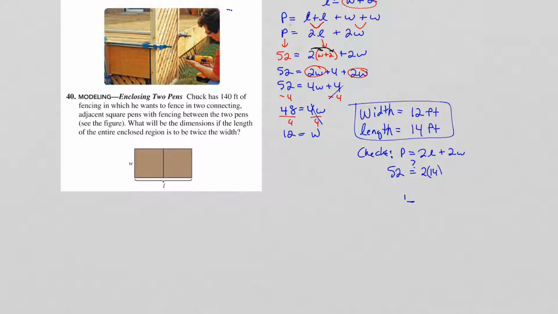So 14 for the length, 12 for the width. So 28 plus 24. 28 plus 24 is 52. So yes, it does check out.